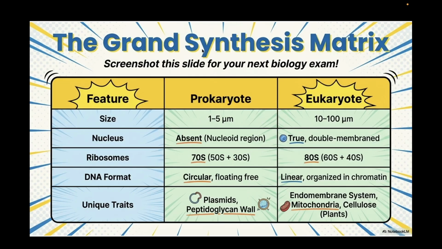So if we summarize these things in comparing prokaryote versus eukaryote, in case of size, prokaryote is small, having 1 to 5 micrometer size, and eukaryote is 10 to 100 micrometer size. Nucleus, on the other hand, is absent in prokaryotes, but DNA is present in the form of a nucleoid.